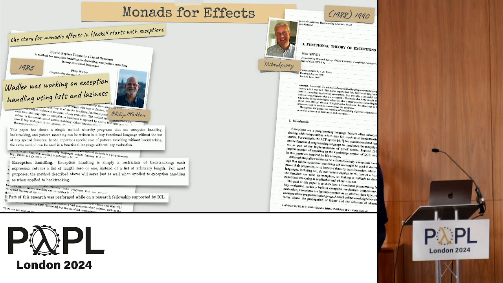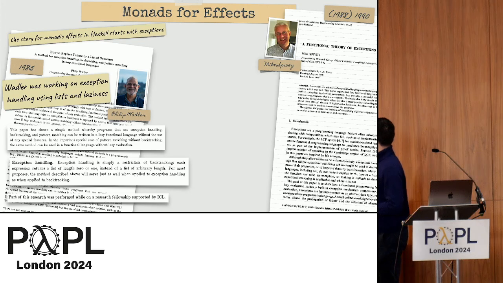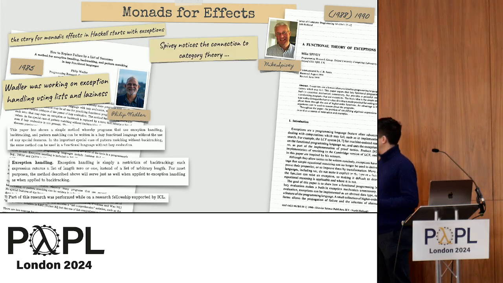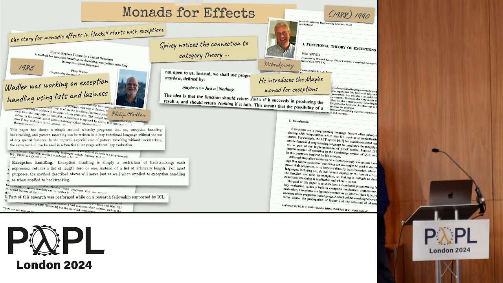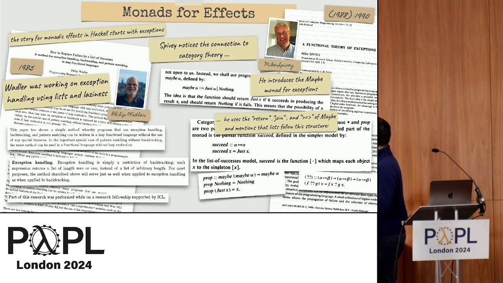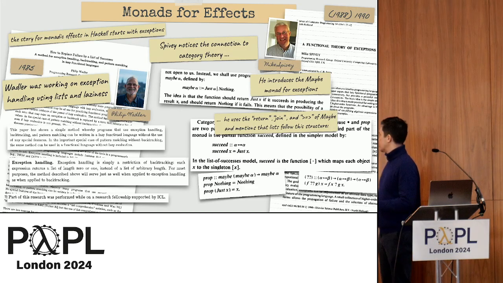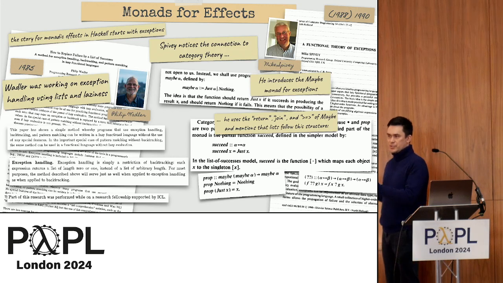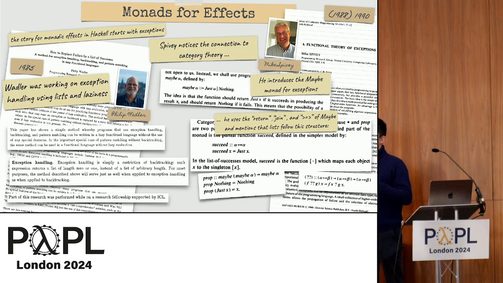A little bit later, in '88, but the paper's accepted in '90, Spivey picks up this idea of exceptions, and he realizes it's connected to the category theory that Moggi was talking about. He introduces the maybe monad, actually called Maybe, with Just and Nothing constructors, so he's the person that invented those terms. He also talks about return, join, and bind, or Kleisli composition, all in that early paper. So he really is the person that realized that functional programming could be assisted with monads.